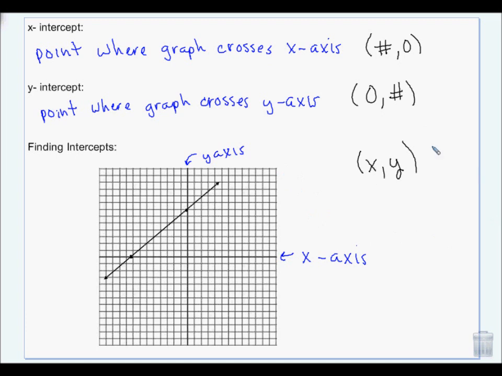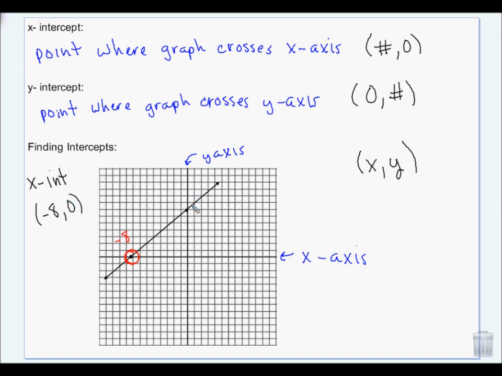So to find the intercepts, on the x-axis I find where the graph crosses the axis. I go 1, 2, 3, 4, 5, 6, 7, 8. So this is -8. My x-intercept is -8, 0.